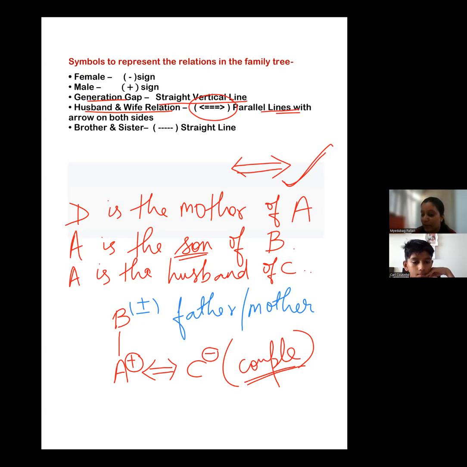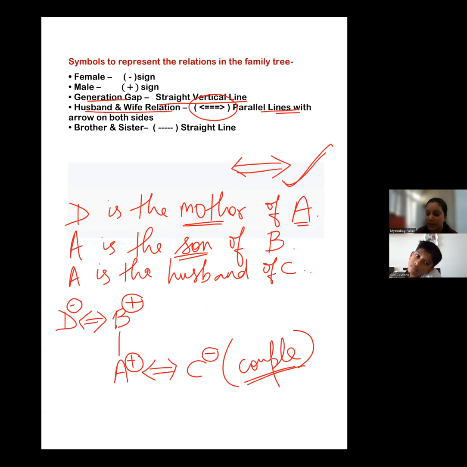If D is the mother of A, D will also be in the second generation, along with B. That means D will be the couple of B only. Now it becomes specific because it is given that D is the mother of A. So if D is the mother, we'll put a minus sign over here, and it becomes clear that B will be the father only. Like this, we can draw.